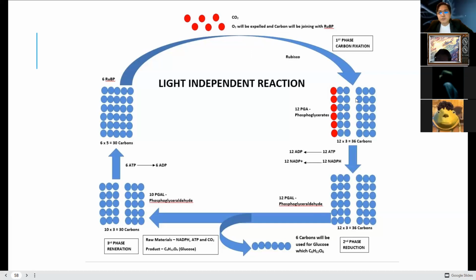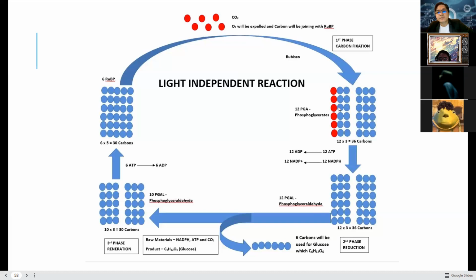Why is it 12? Because you have 6 RuBPs here, paired with 6 CO2, oxygen is released in the atmosphere, and carbon is added to your ribulose bisphosphate.